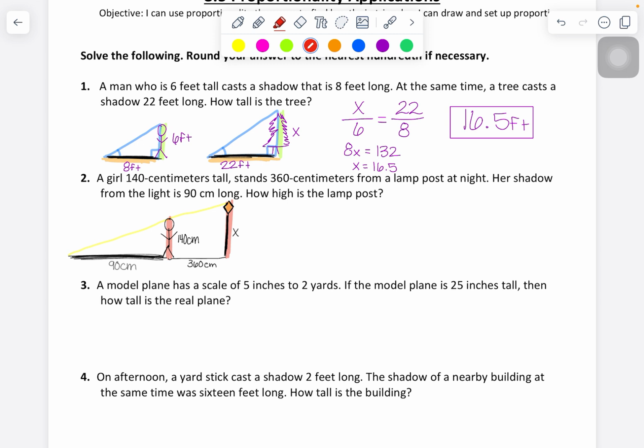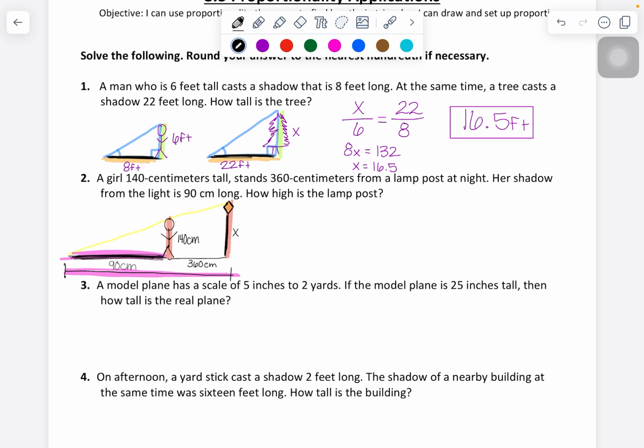That part's easy. But I also then need to work with the shadow of the person and then the shadow that goes all the way to the lamppost. So the shadow all the way across. So sometimes I'm still going to have to do some adding of things together to get those lengths.